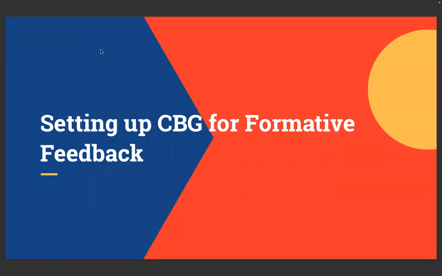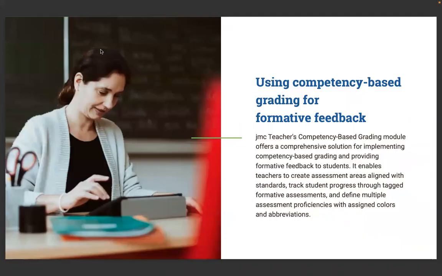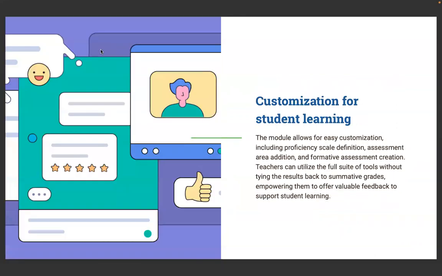So setting up CBG for formative feedback. JMC Teacher's Competency-Based Grading Module offers a comprehensive solution for implementing competency-based grading and providing formative feedback to students. It enables teachers to create assessment areas aligned with standards, track student progress through tagged formative assessments, and define multiple assessment proficiencies with assigned colors and abbreviations.